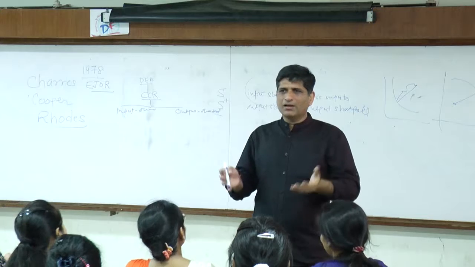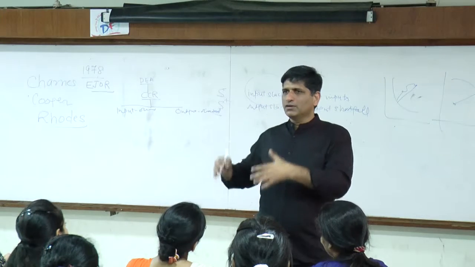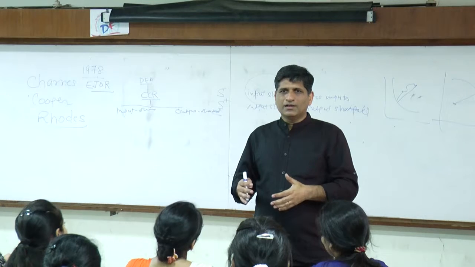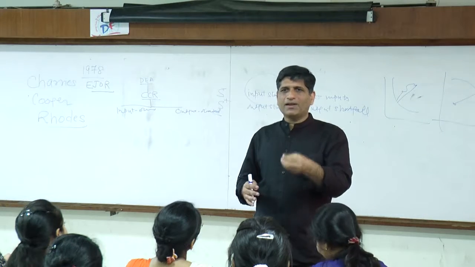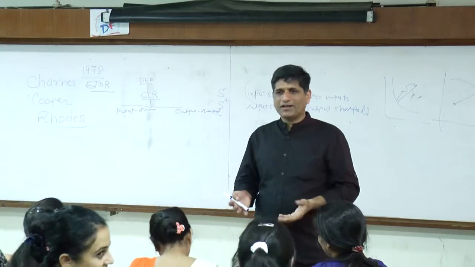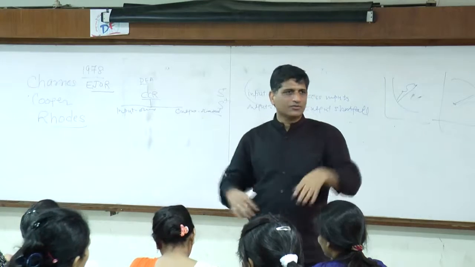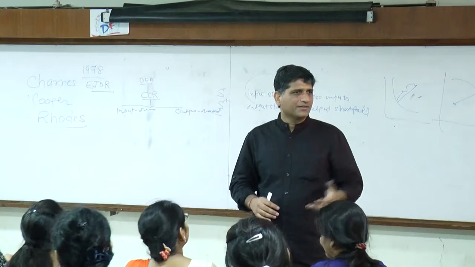But maybe I may fail in my attempt because every vegetable, every sabji is not tasty for everyone. Some people like rajma, some people like potato, some people like butter chicken.